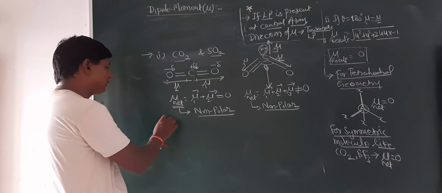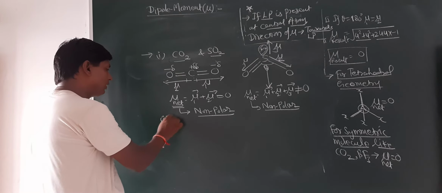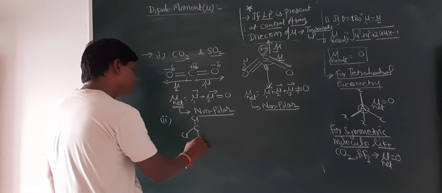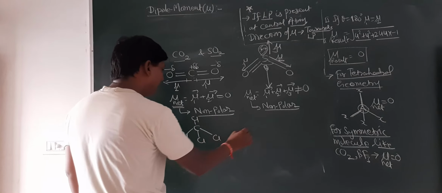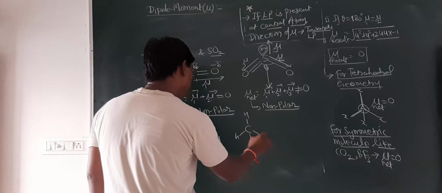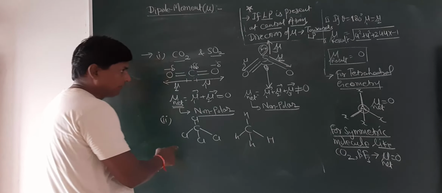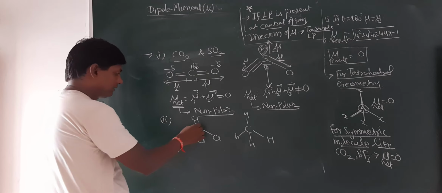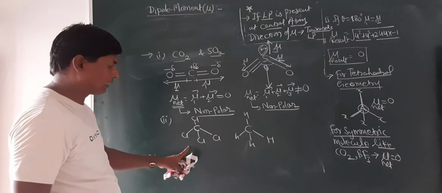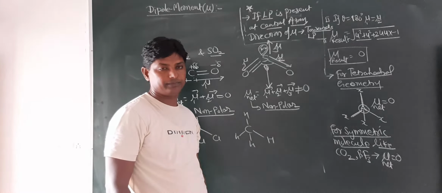Now let's see another example. This is CCl4 and there is again CH4. We want to find the dipole moment of carbon tetrachloride and methane.